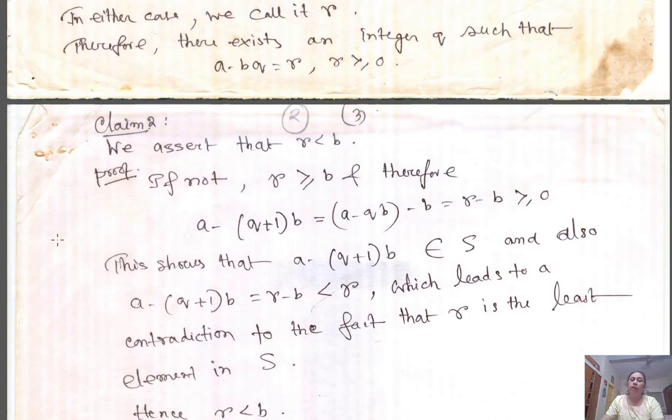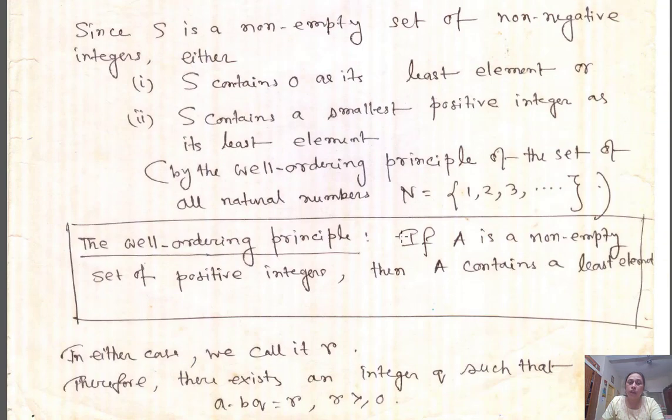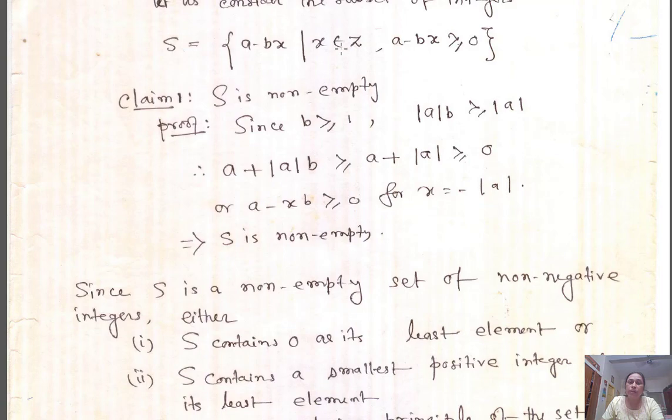So we are able to find an integer a minus (q plus 1) b, which is also of the form a minus xb and is greater than or equal to 0.